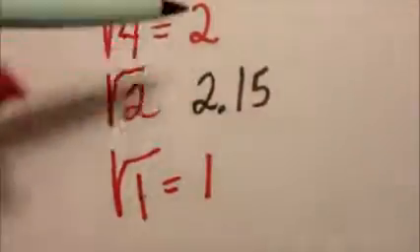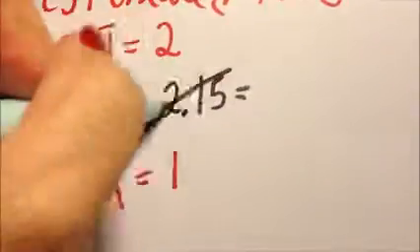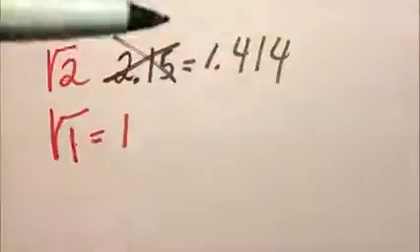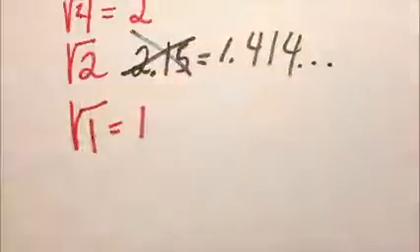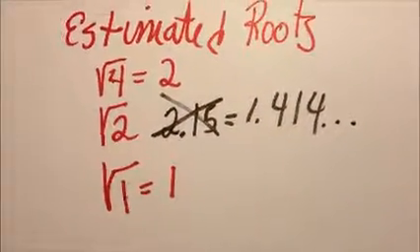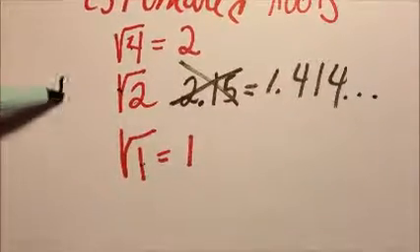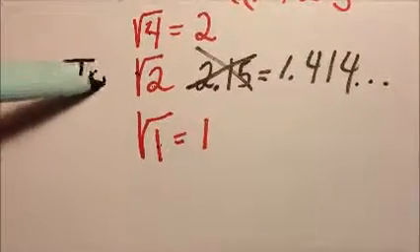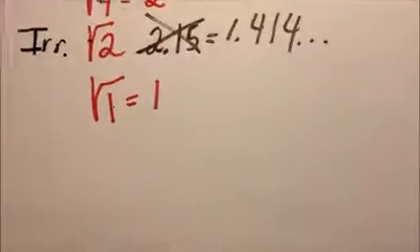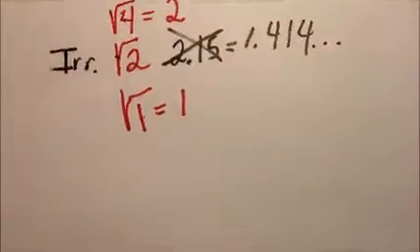Now, I guessed wrong, but it's actually 1.414, but it goes on and on. It doesn't terminate. It doesn't repeat. So this is an irrational number, and the root is estimated.